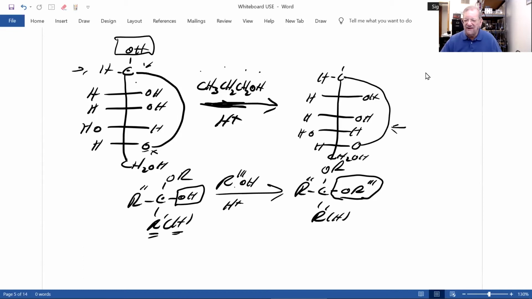Don't break this bond. It's not broken. It's this one right here. And the only change is OH becomes O. And what's my R triple prime? N-propyl. One thing, the carbon with the hydroxyl group will be the carbon attached to the oxygen. And that's how you do it.